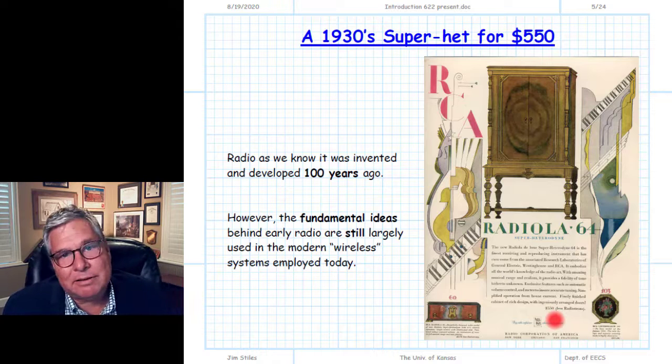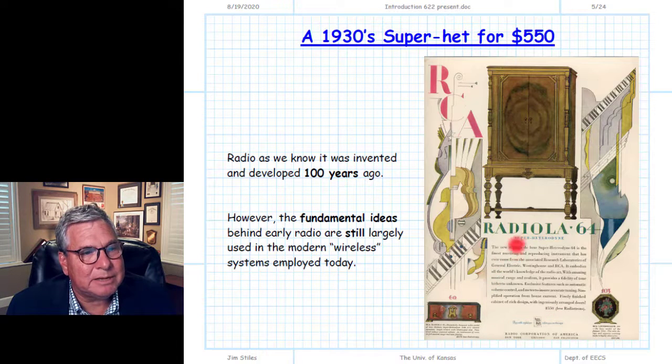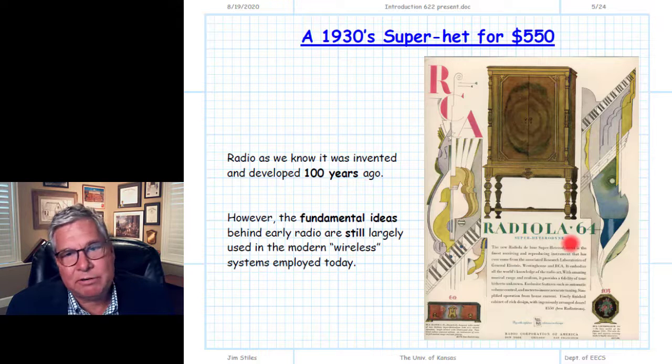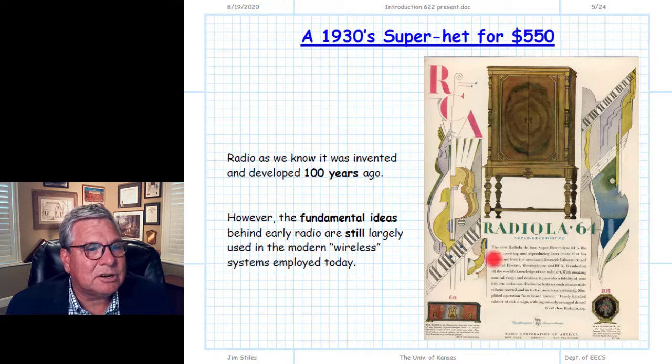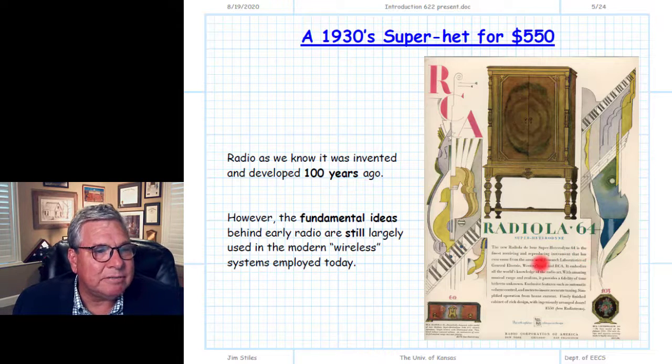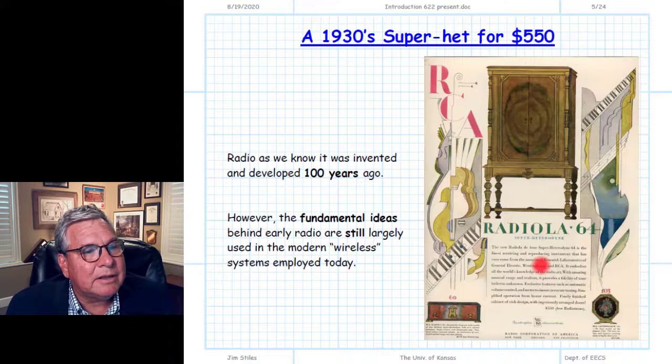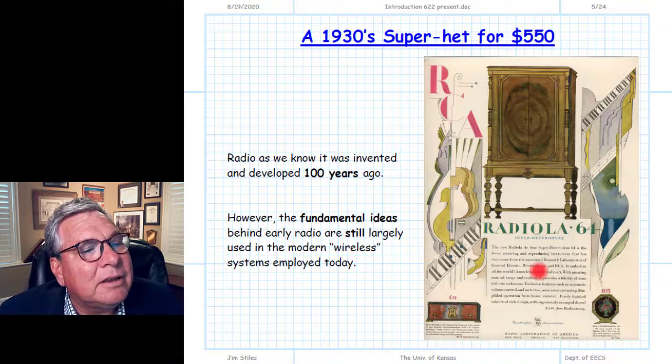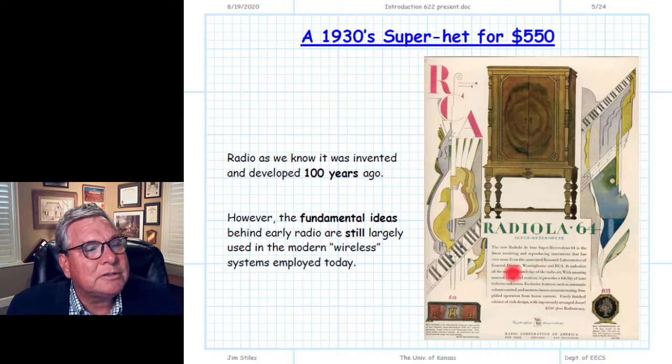The other thing about this advertisement is underneath the title here, it says Super Heterodyne. And the text, in fact, starts with: the new Radiola Deluxe Super Heterodyne 64 is the finest receiving and reproducing instrument that has ever come from the Associated Research Laboratories of General Electric, Westinghouse, and RCA.